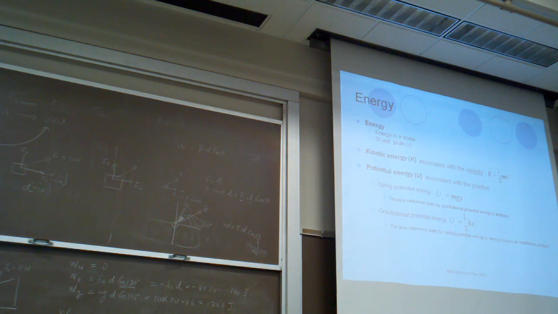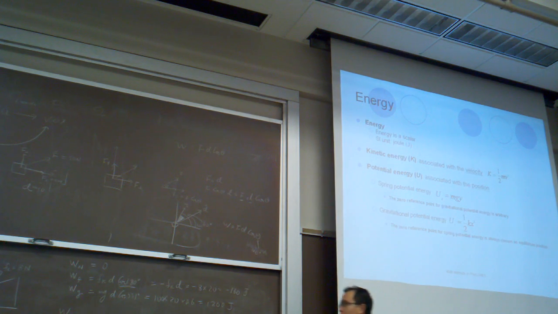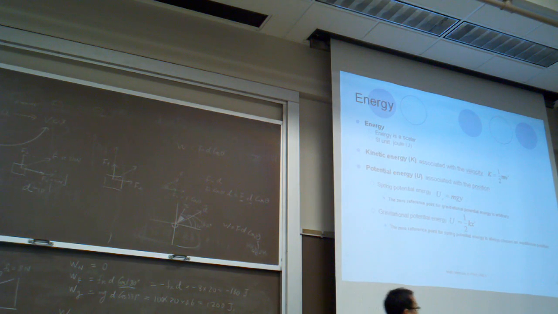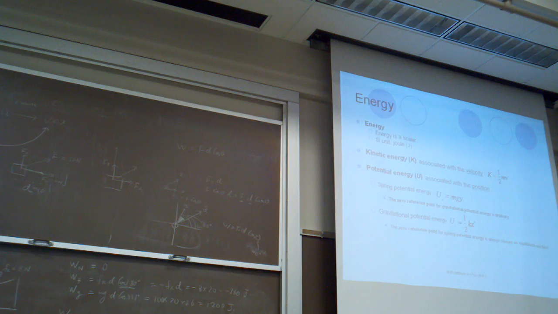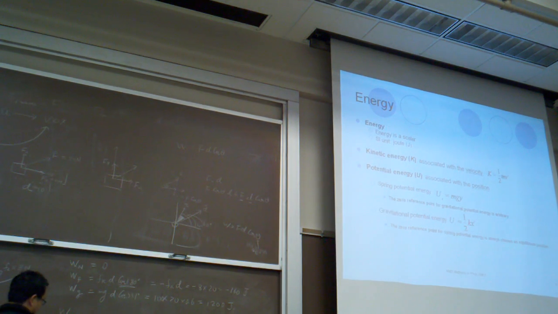And then we also have the so-called potential energy. You have different kinds of potential energy. In this class, we only study two kinds. The spring potential energy, okay, potential energy we use U, and for the spring potential energy, we use US.